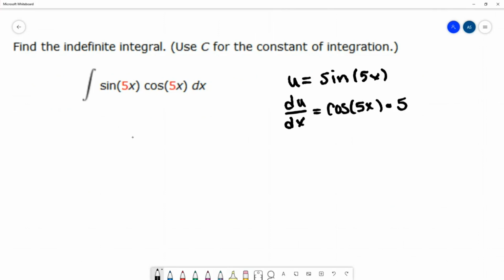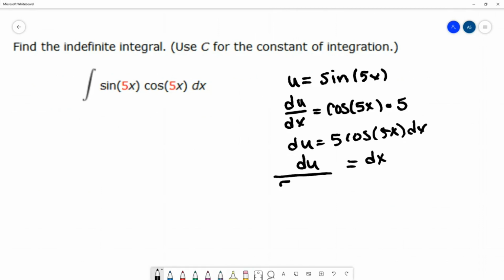I'll go ahead and rearrange this. du is 5 cosine of 5x dx, and dividing both sides by 5 cosine of 5x gives us dx equals du over 5 cosine of 5x.